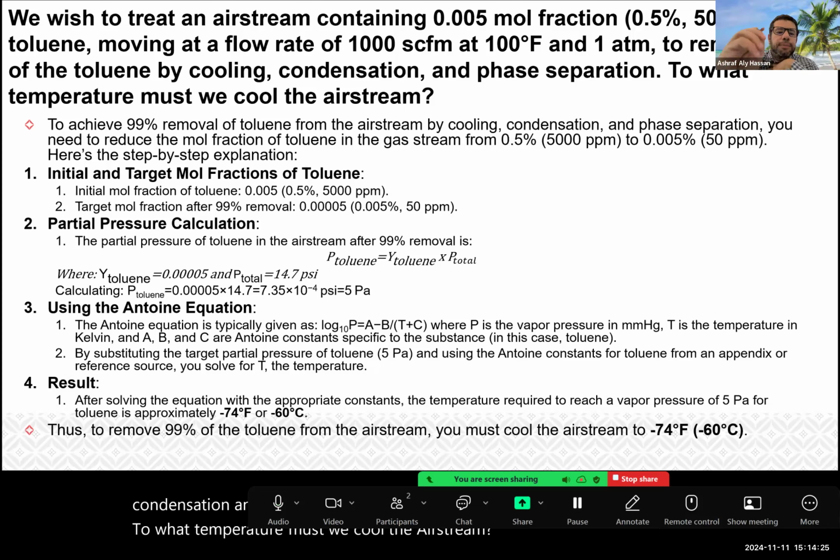So again, given is 0.005 mole fraction, which is 5,000 parts per million.